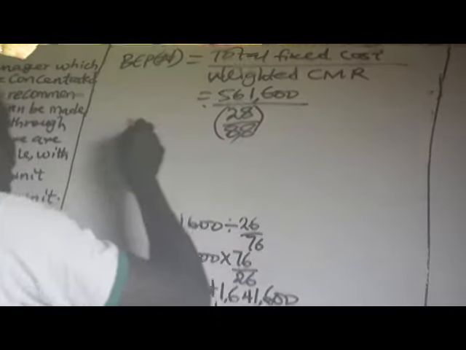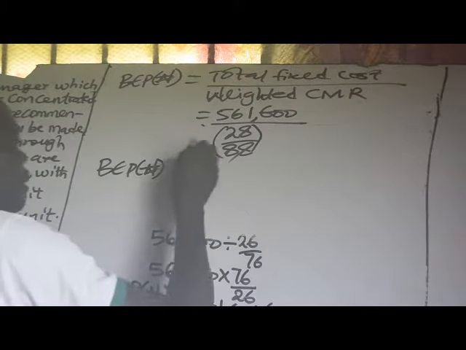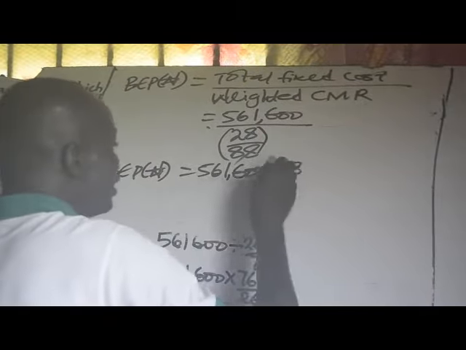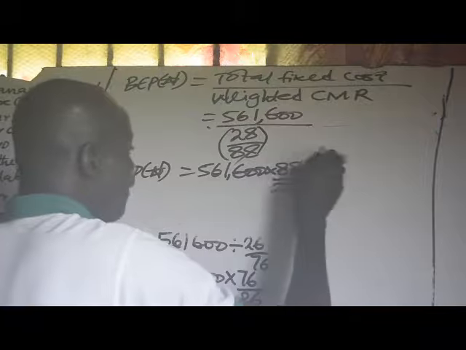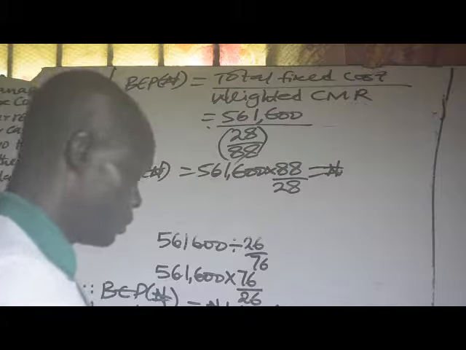Now, this is a fraction. If you solve it the same way I've solved the first one, BP Naira will be 561,600 times 88 divided by 28. You find the reciprocal of the denominator.